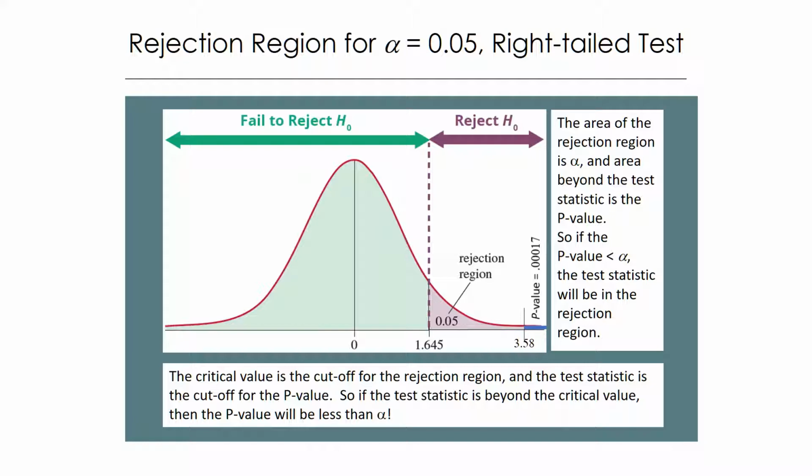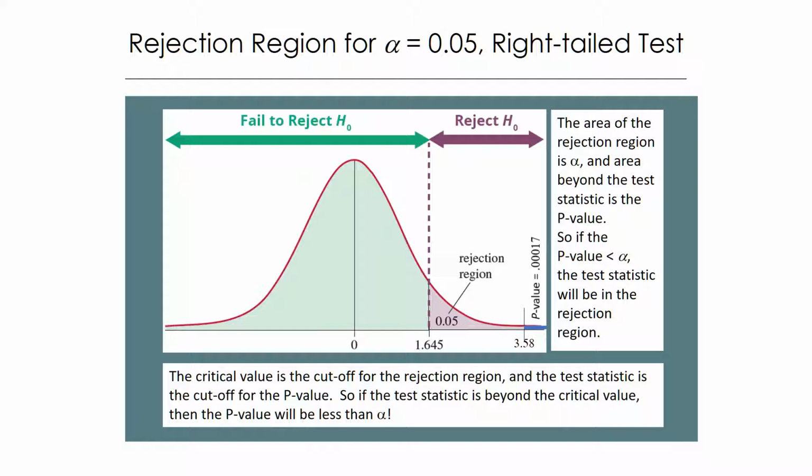So in our example, we have a rejection region with area 0.05 for alpha equal 0.05 and a p-value of 0.00017 that is way off to the right, because our test statistic, 3.58, is beyond the cutoff for the rejection region, the cutoff for alpha, which on the normal distribution is 1.645. You can get that from tables or technology.